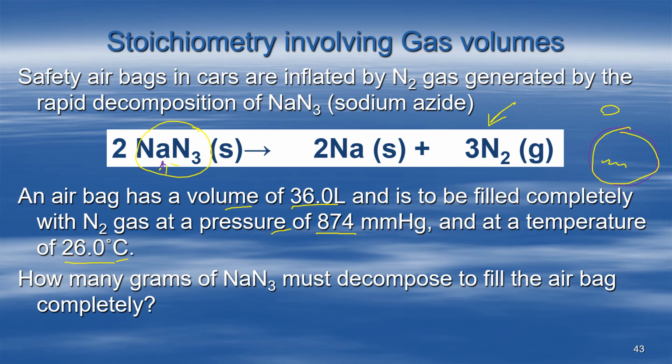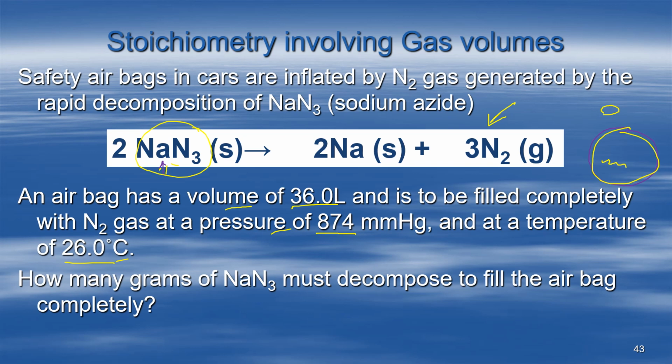So once we know the moles of nitrogen, we can use the mole-to-mole ratio to find the moles of NaN3, and then we can convert that to grams. So again, on that previous slide, we're using PV equals nRT to get moles of A, which is the nitrogen, because that's what we can find, and then we're converting it to NaN3, but this time it's not a gas, so we can't use the gas law, but we can convert it to grams. So using that stoichiometry map.